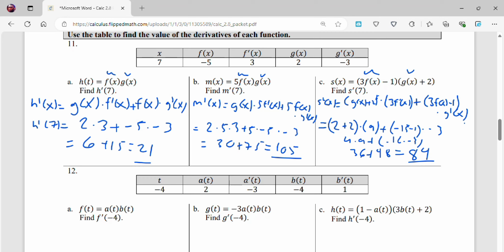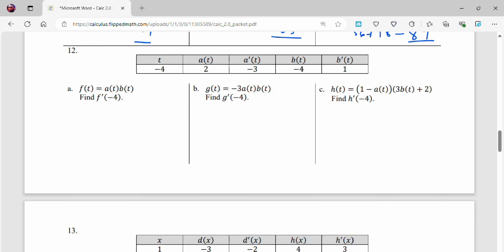Okay, wonderful. Next question. So again, we have a table with one t value this time. So it should be fairly simple to find our derivative. So we're going to do b of t as v, a of t as u. f prime of t is v u prime.